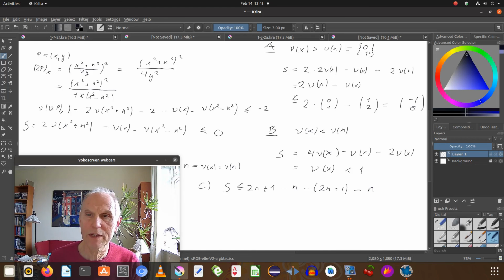And v of n is less than or equal to 0. That's interesting, because when I did this the first time, I didn't get it quite below 0.